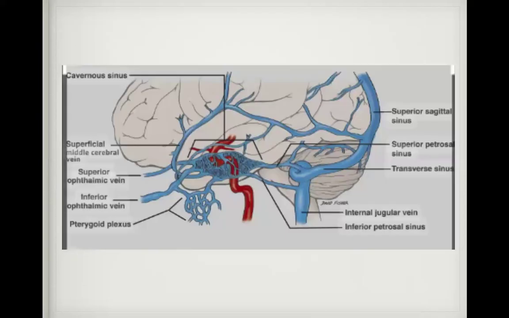So this shows the relationship of the ICA to the cavernous sinus. I'll be talking about the cavernous sinus in a few minutes. We can see how it passes through the cavernous sinus there. It's very interesting to know that all of this while, the internal carotid artery is extradural. It is when it passes through the distal dural ring that it becomes completely intradural.